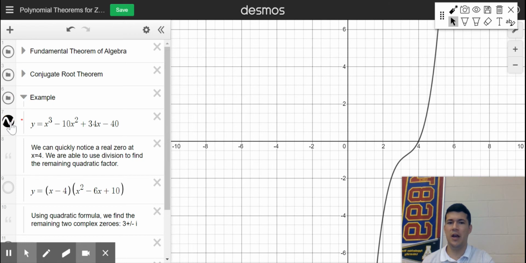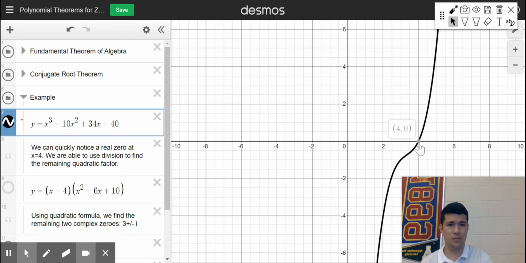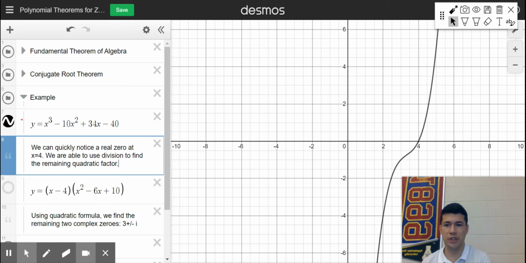Here is x cubed minus 10x squared plus 34x minus 40. If we're finding all of the complex roots, well, it's easy to find the real roots. I can call them zeros as well. It's easy to find the first real one. We can quickly notice that x equals 4 is a real zero.